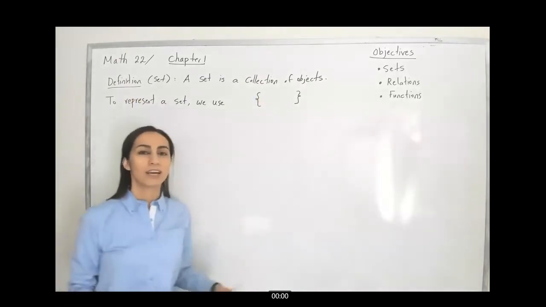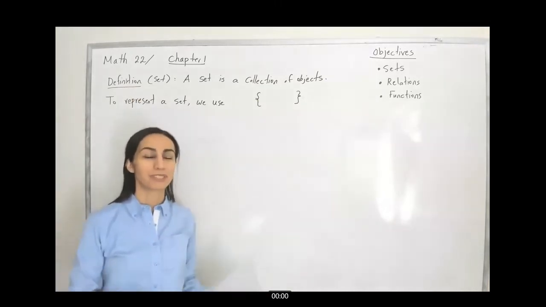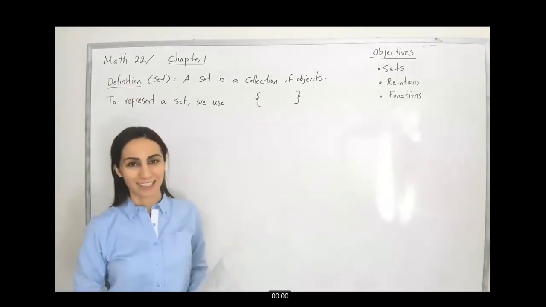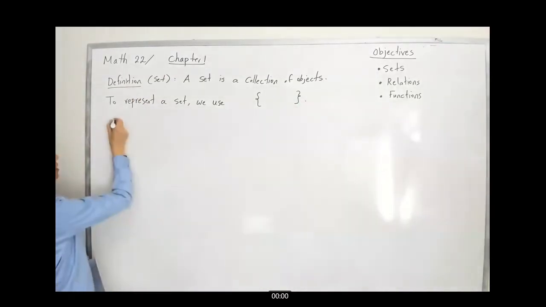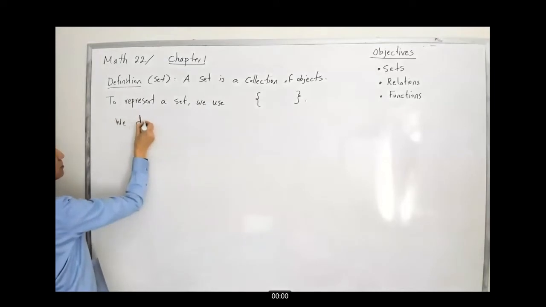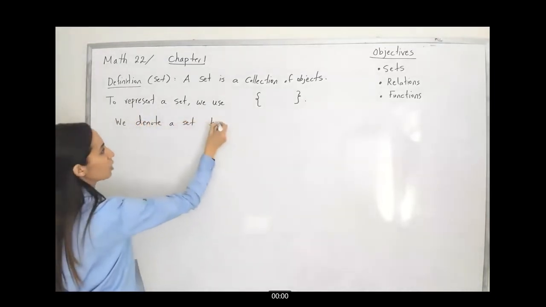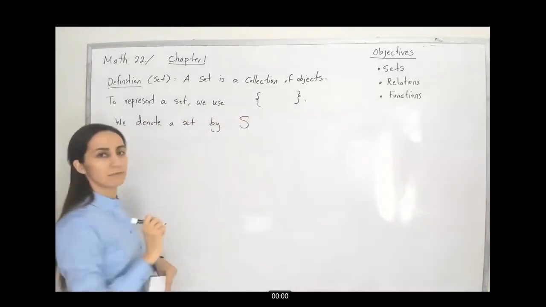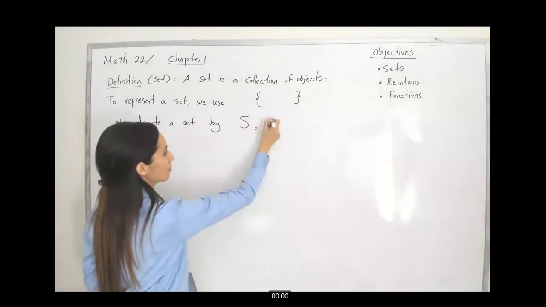Some other times we have to use set notation to represent the objects in that set. So we denote a set by a capital letter like S, A, B, and other capital letters.